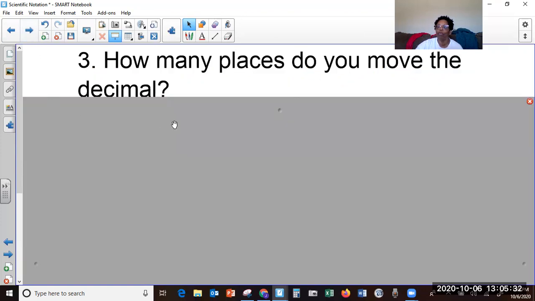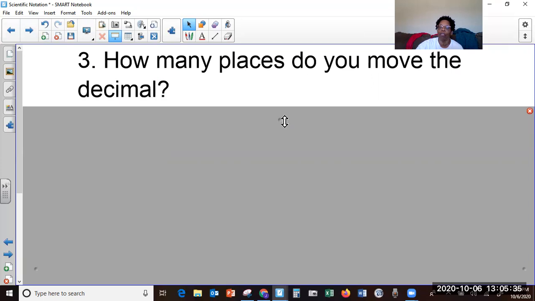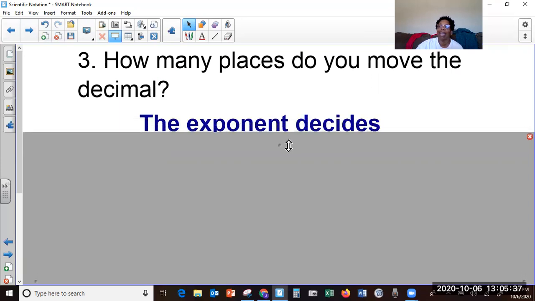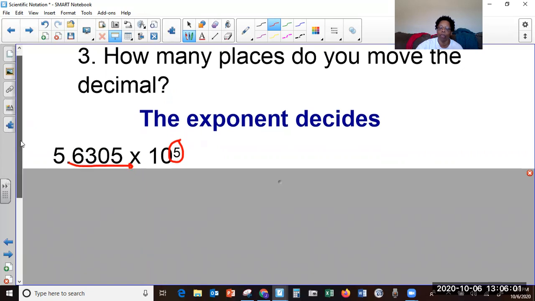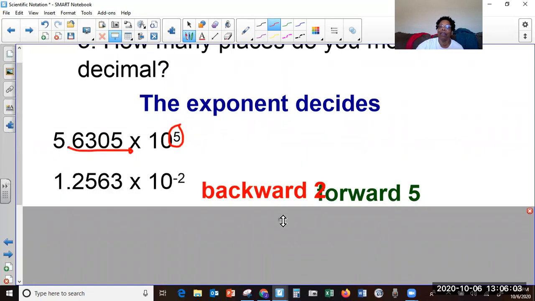How many places do you move the decimal? That's our third question. Well, the exponent decides how many places we move. Here, the exponent is 5. So we're going to move 5 places, and it's positive, so we're going to move out 5 places to the right. And here, the exponent is negative.